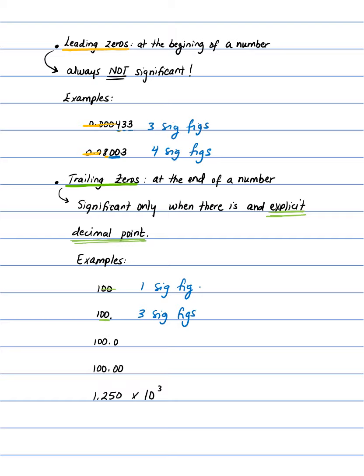The next example is still 100. All of my first four numbers in your list of examples are representing the same magnitude, 100. What is different between them is the number of significant figures that you have for each one. So on the third one, you do have an explicit decimal point right there in that number.